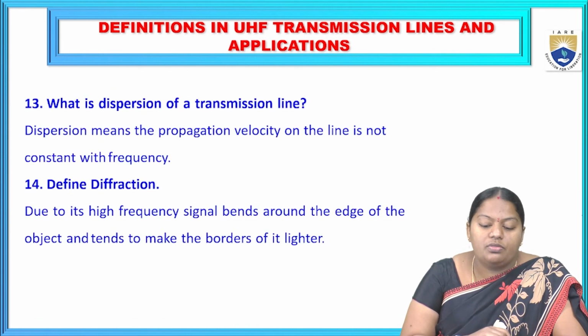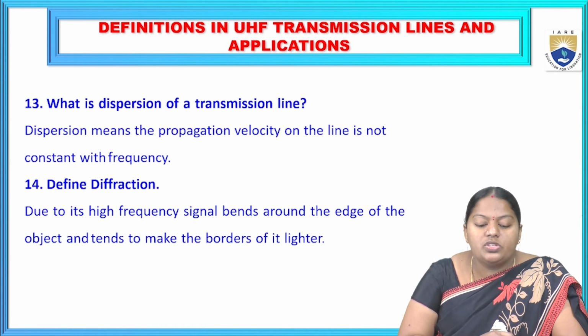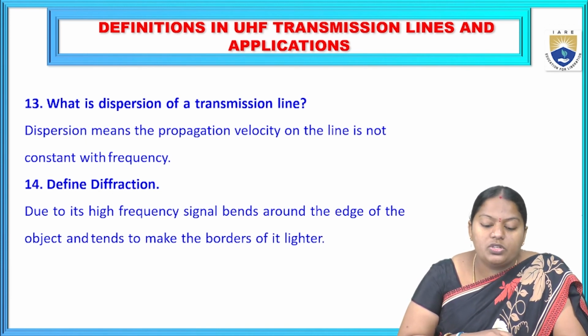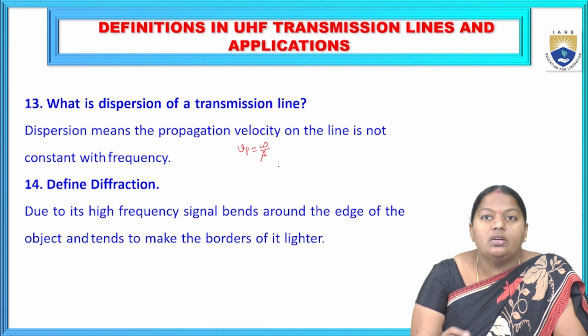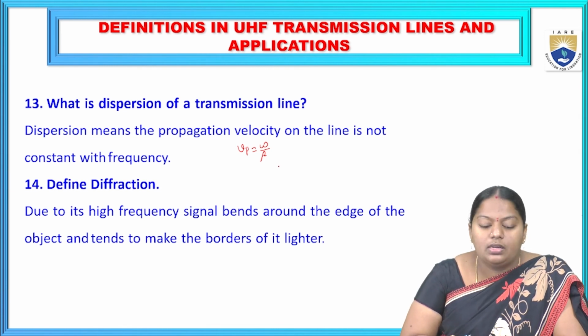What is dispersion of a transmission line? Dispersion means the propagation velocity on the line is not constant with the frequency. In general, the propagation velocity or wave velocity, that is the phase velocity, is given by Vp equal to omega by beta, where omega is the angular frequency of the wave and beta is the phase constant of the transmission line.